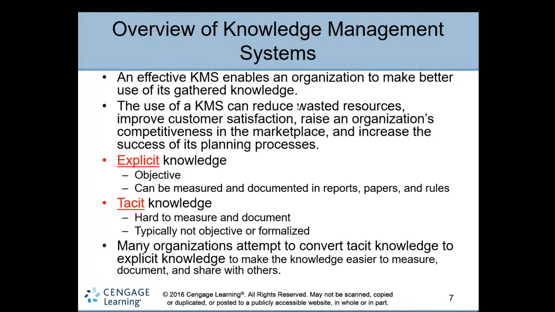Many organizations are attempting to convert this tacit knowledge to explicit knowledge, to make it easier to measure, document and share with others. For example, if a person has good analytical problem solving, makes good decisions, performs work activities well, makes more profit, and has good scale understanding skills, this is completely natural, in his brain.